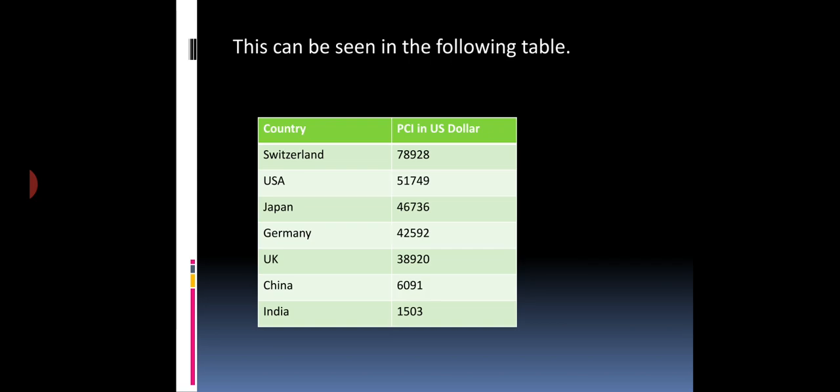Similarly, USA $51,749, Japan $46,736, Germany $42,592, United Kingdom, that is England, $38,920, China $6,091, and India $1,503. If you look at this table, we can easily understand how low the per capita income of India is when compared with other countries of the world.